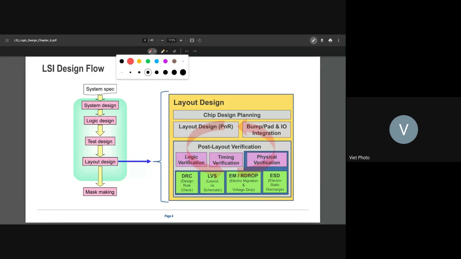This one is IR drop. IR drop means you have a current and a resistance, so you have a voltage equal to current multiplied by resistance, right? They call it IR drop when you have the source going into the cell.